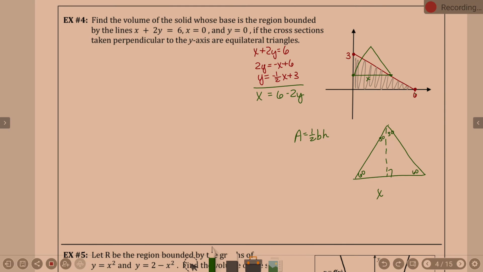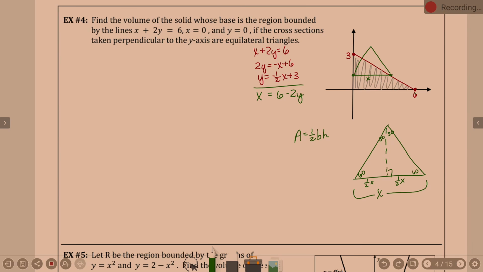The bottom of one of the 30, 60, 90s is going to be 1/2 x, if you will, right? So the whole base was x, but thinking in terms of the 30, 60, 90s, it's 1/2 x, 1/2 x.